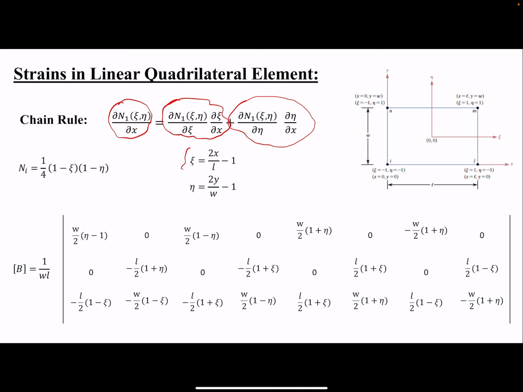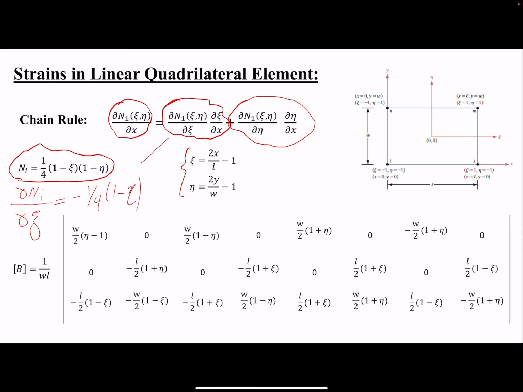I know the relation between the two, so I'm going to do it only for the first shape function here. N with respect to x would be N1 with respect to Kc. If I take the partial of N1 with respect to Kc, I have 1 over 4 times negative 1 minus eta.